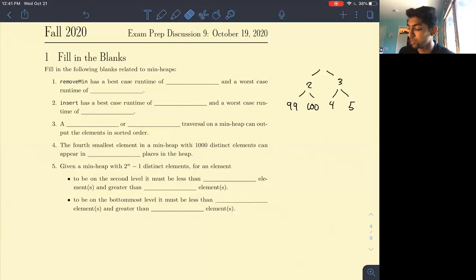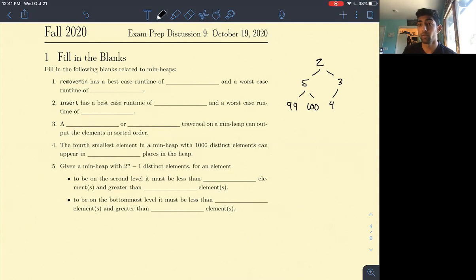What'll happen is we'll remove 1, we'll move 5 to the top, and then we will move 5 down right here, right? We'll move 5 there, and then 2 would go to the top, right? So that's the process of remove min.